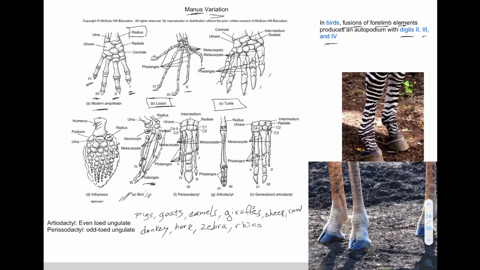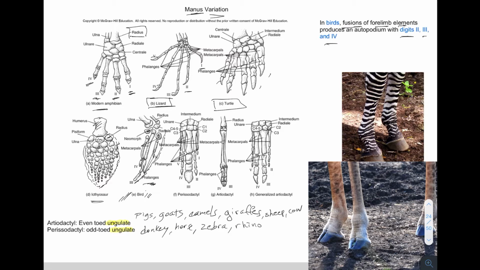Now, the next thing we want to look at is what we call ungulates. And the word ungulate means nail, or an animal that walks on its nails. These are what we refer to as hooves. So there are 2 classes of ungulates.